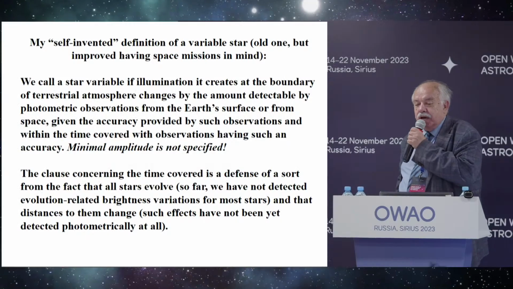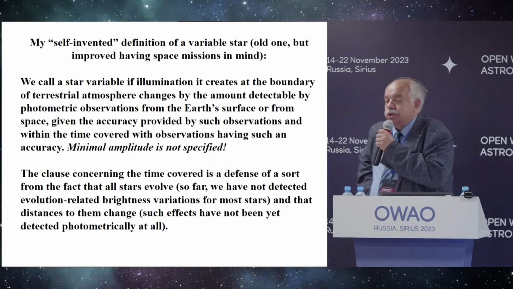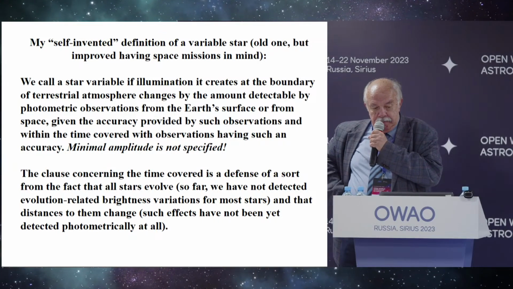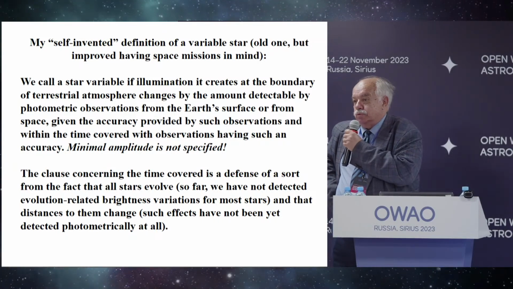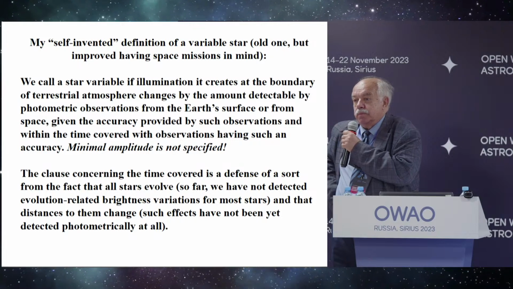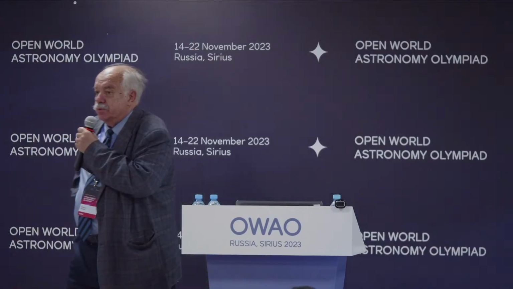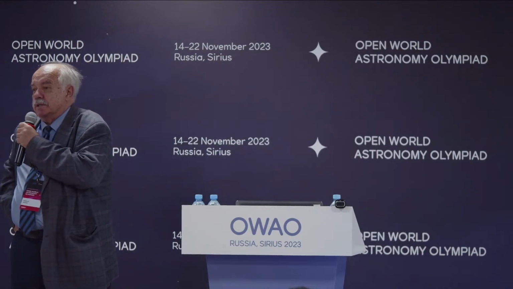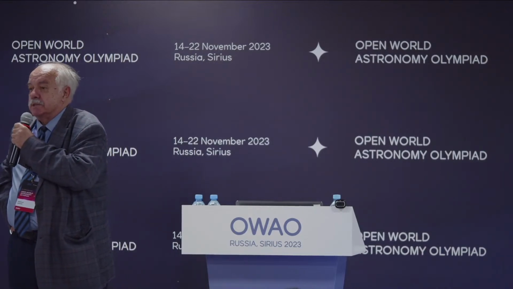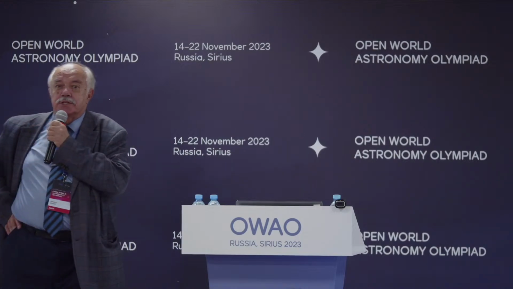Why did I add here the clause about the time covered by observations of the needed accuracy? This is because stars evolve. And already for some stars we see effects of evolution in their slow brightness variations. Not for many stars, but we do already notice such things.